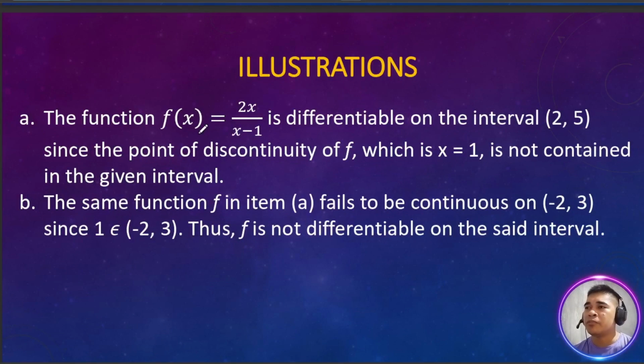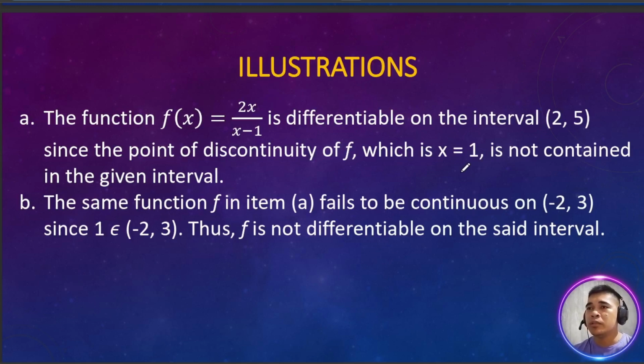So for example, this is the illustration. The function f of x is equal to 2x over x minus 1 is differentiable on the interval 2, 5, since the point of discontinuity is not in it. For any number in between 2 and 5, substitute mo diha, okay lang siya. For example, 2: we have 4 over 1, and so on.